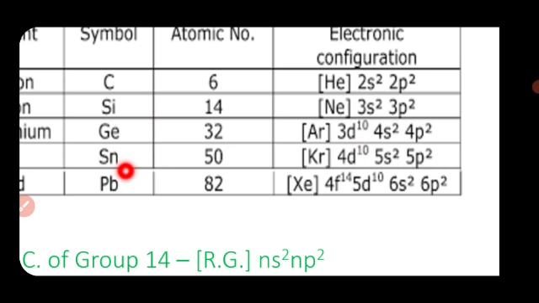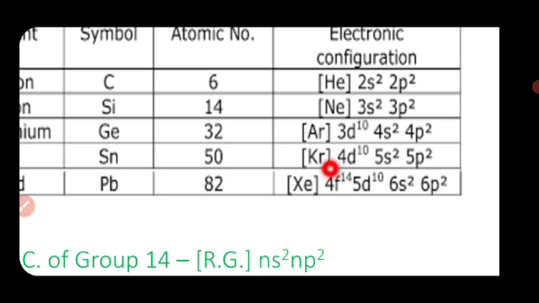Further, from germanium to lead, these d orbitals are completely filled: 3d10, 4d10 and 5d10 respectively, right? In lead one more orbital is filled, that is 4f14.